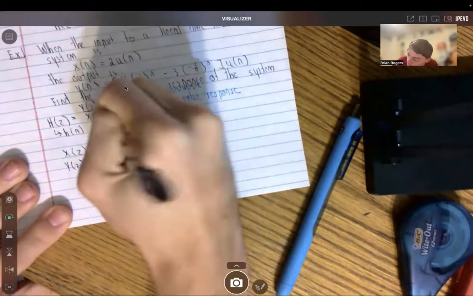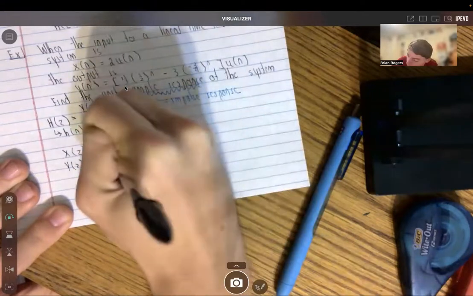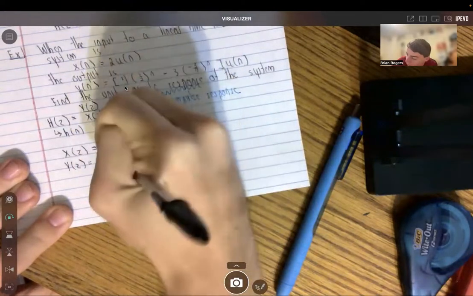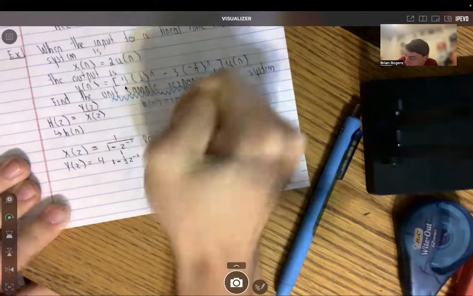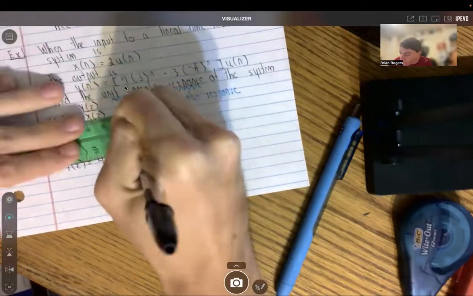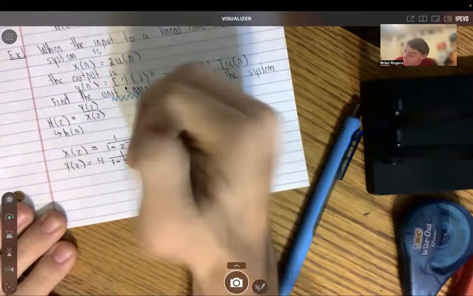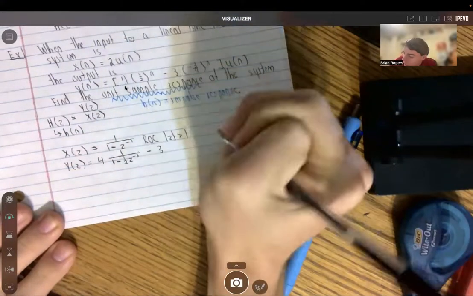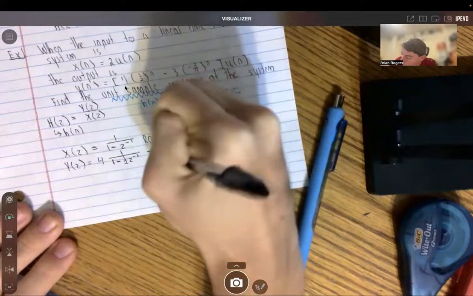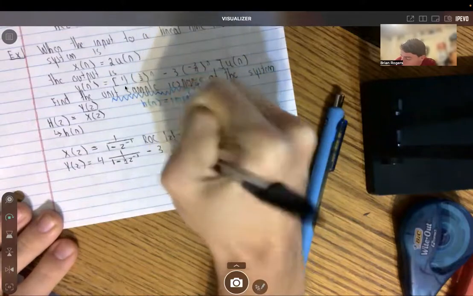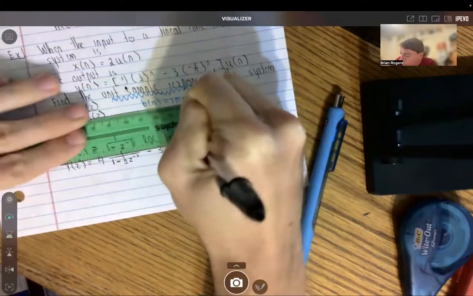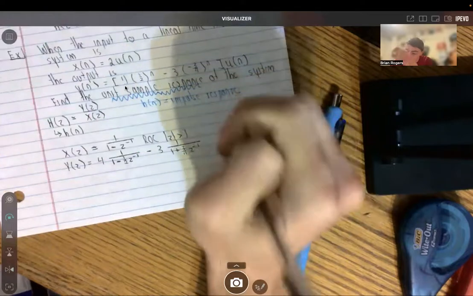So it's going to be 1 over 1 minus alpha, which is 1/2, z to the -1. And then for the next one, we're going to see -3, and then it's going to be 1 over 1 plus 3/4 z to the -1. Just applying the same type of z transform there.